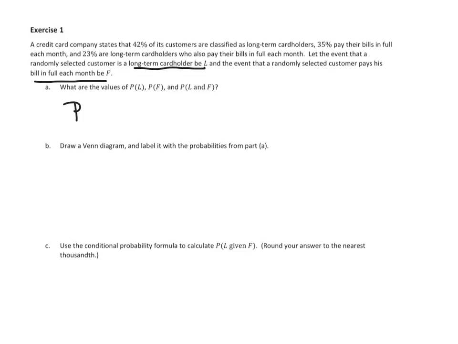So the probability of L, and if we recall, L is the probability that a customer is a long-term cardholder. I would say, looking back, that that's 42%, so we could call that 0.42. The probability of F, and again, looking back, F represents that a selected customer pays his bills in full each month.